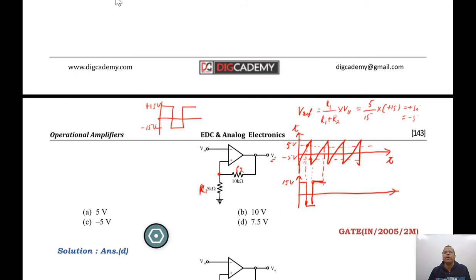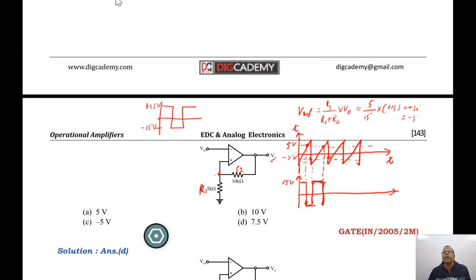So from this point onward my reference voltage changed to minus 5 volt, which was this level where my output changed. But after I get output to be plus 15 volt, my reference level has changed to plus 5 volt again. So the moment input reaches the level of plus 5 volt, my output will suddenly change to minus 15 volt, and the reference level changes from plus 5 volt to minus 5 volt.